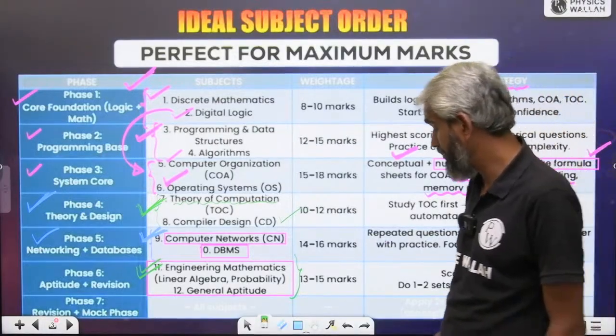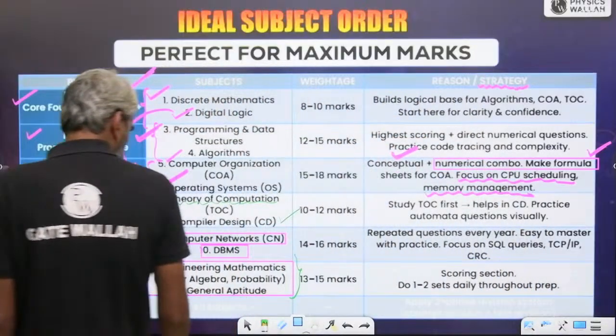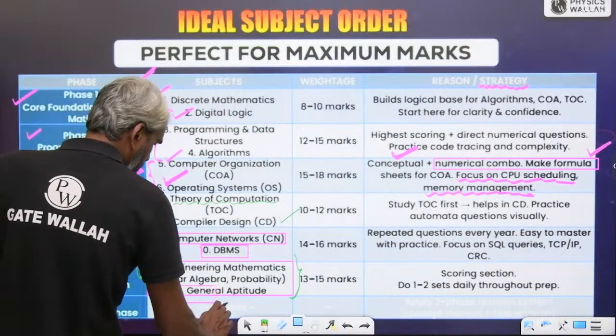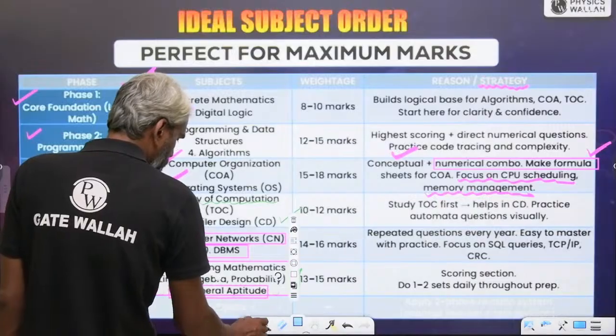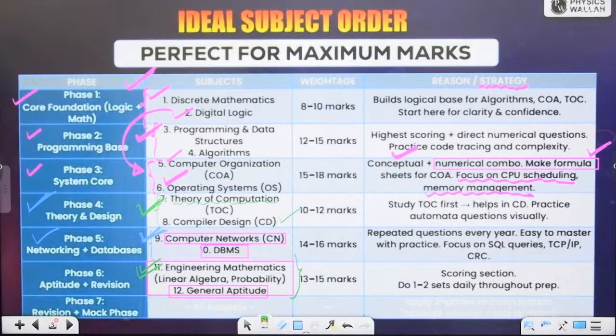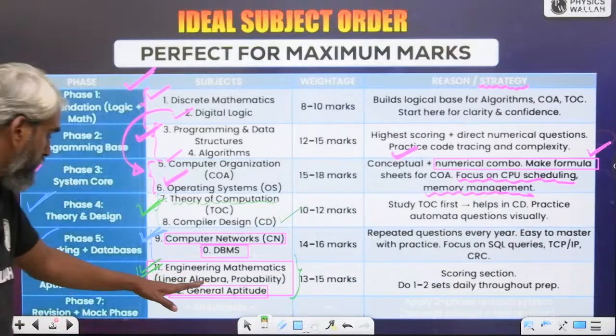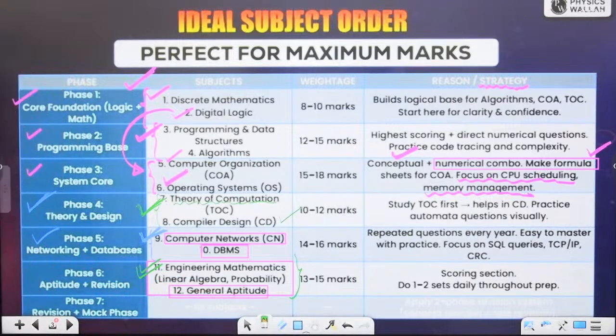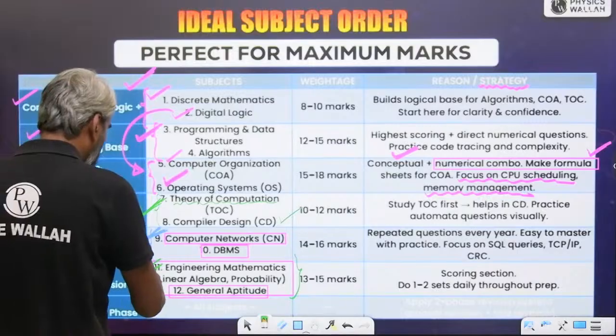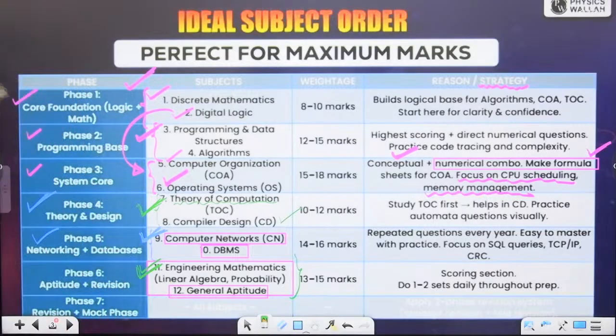If we do not talk about engineering mathematics, then definitely general aptitude must be solved on a regular basis. Every day try to spend 30 to 45 minutes solving questions of general aptitude, and along with that, 30 minutes will be sufficient for engineering mathematics because the syllabus is less for computer science students.